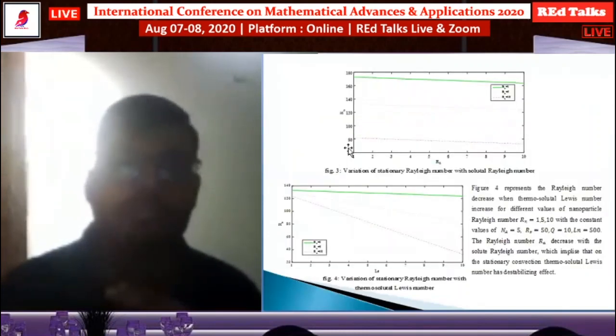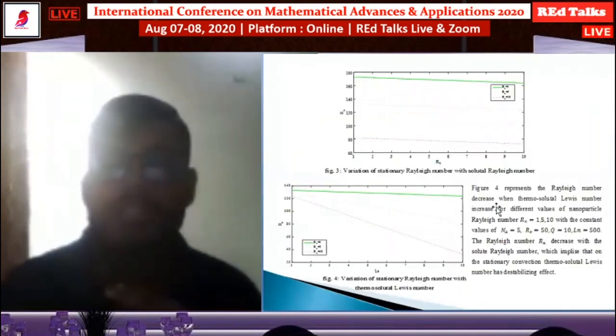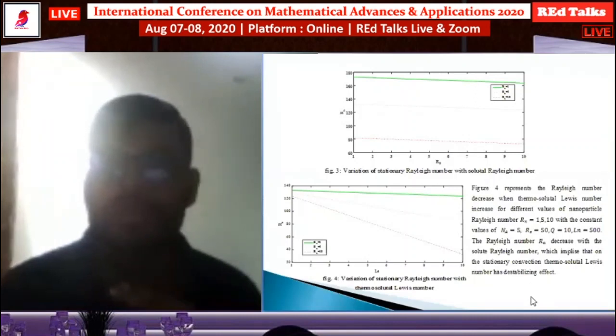Now in figure number 4, we represent the Rayleigh number against the thermosolutal Lewis number. In this graph, we take different values of nanoparticle Rayleigh number Rn with the constant values of Na, Rs, Q, Ln.